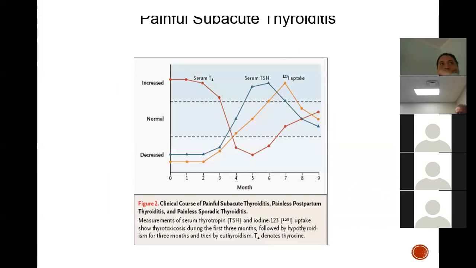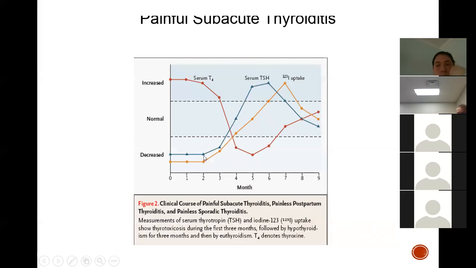So this slide is trying to show you what happens when someone is sick and might have some acute thyroiditis, which can be painful. But often they can just have these kinds of labs without any pain, just having been sick. You can see here in the blue is the serum TSH. Initially, as an illness starts, it might actually be decreased.